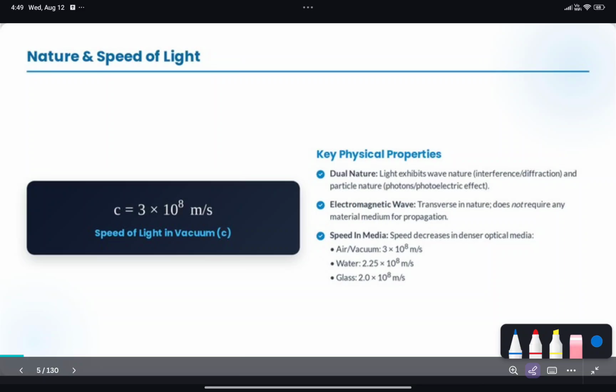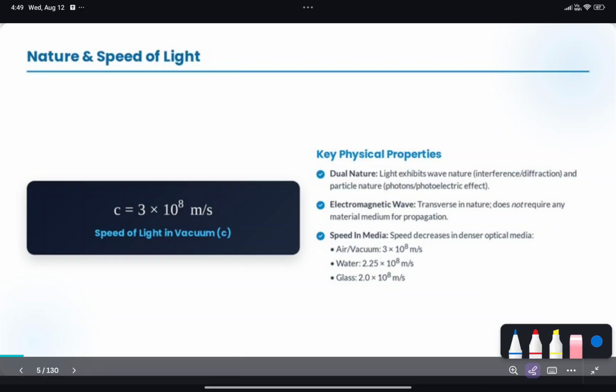Propagation means simply travel. I told that point or not? Clear or not? In the case of electromagnetic waves, there is no need of a medium for light to travel from one place to another place. Clear?